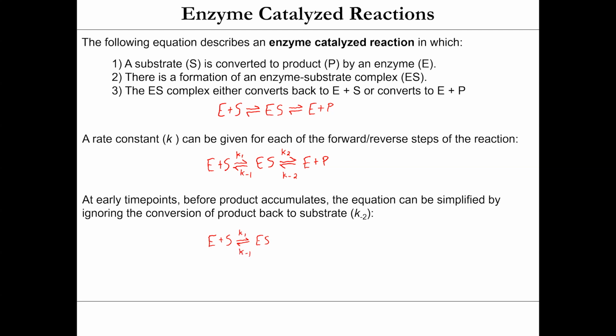K-1 is the rate constant for the reverse reaction. And then the enzyme substrate complex, just one direction, would turn into enzyme plus product, and that would be described as K2. So this allows us to simplify the equation for an enzyme catalyzed reaction a little bit, which will make a little bit more sense here in a minute.